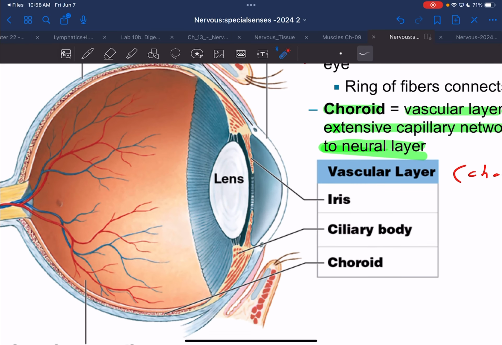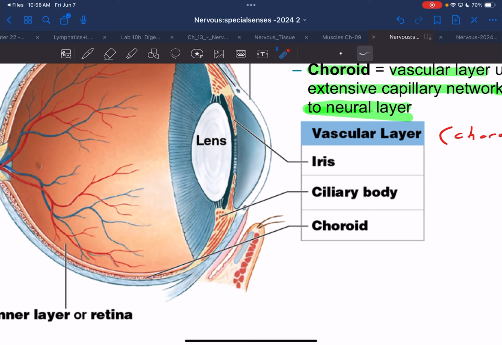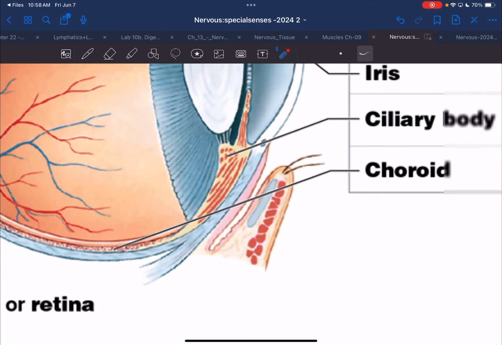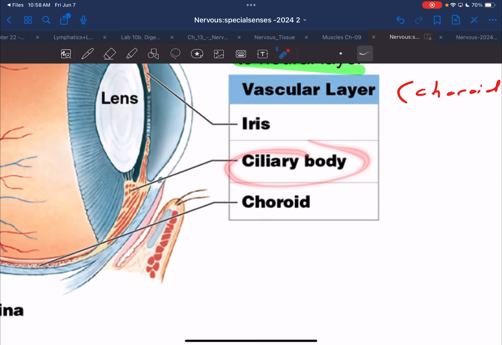Now this vascular layer has two objects associated with it. If you follow it, you can see sclera, choroid. You follow the choroid, you will see this little smooth muscle region here, which is called the ciliary body.